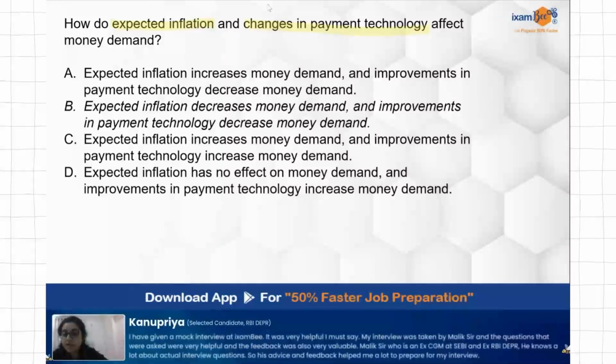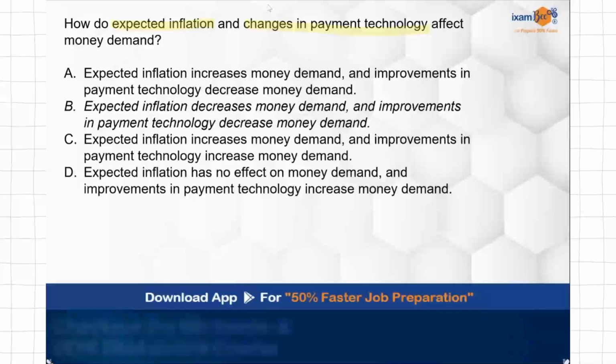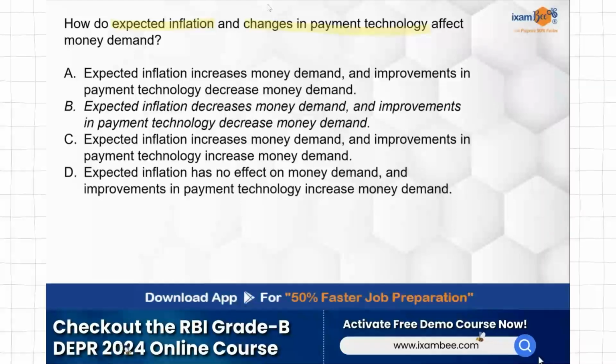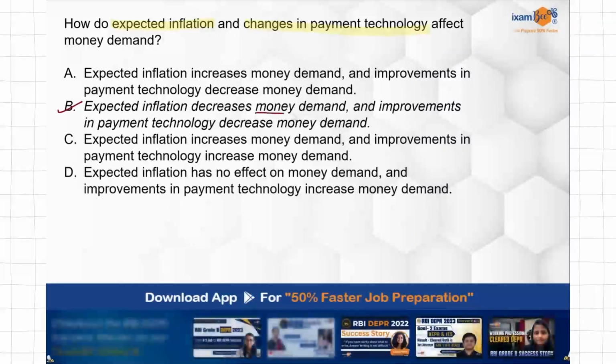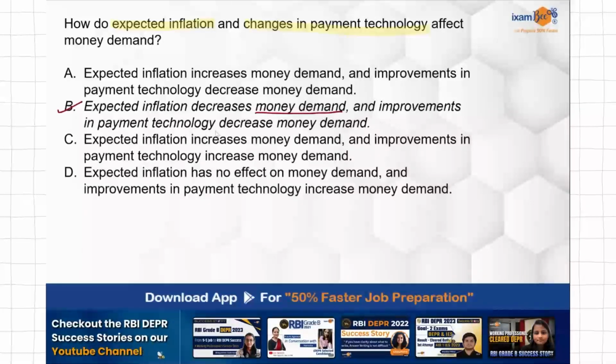And with the UPI option, we tend to keep less cash with us because UPI is giving us instant cash options, right? So in this case also your money demand, in terms of cash, will be lesser. So the correct answer is option B. Expected inflation decreases the money demand and improvement in payment technology decreases the money demand, so both will decrease the money demand.